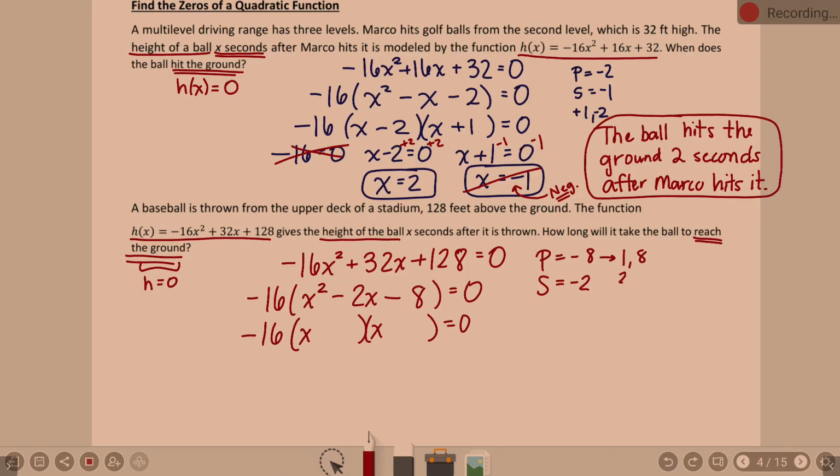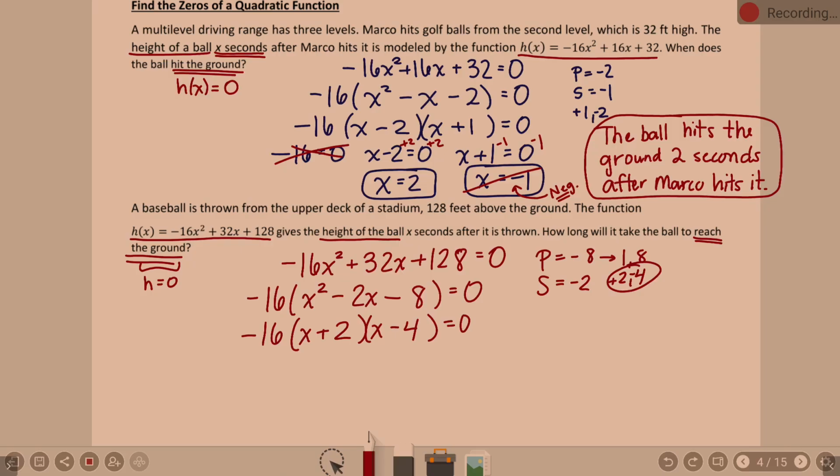Which pair works? 2 and 4. How do they work? Negative 4 probably. Yeah, if they multiply to be negative, 1's negative. If they add to be negative, bigger number's negative. Plus 2, minus 4.